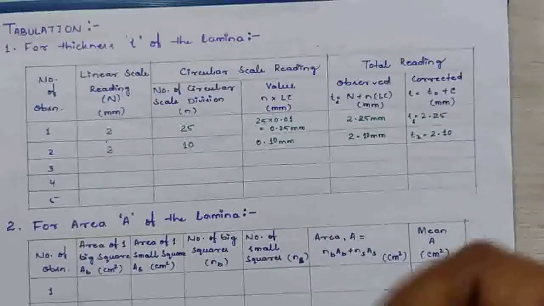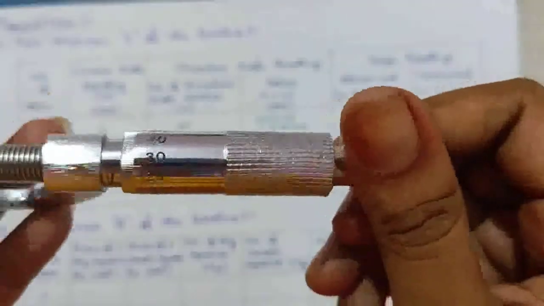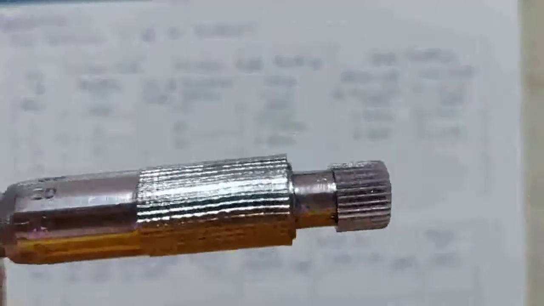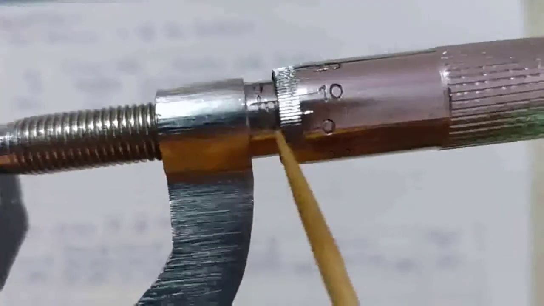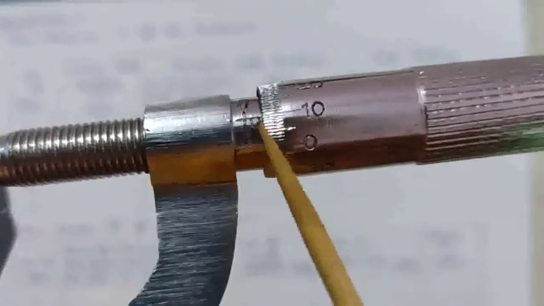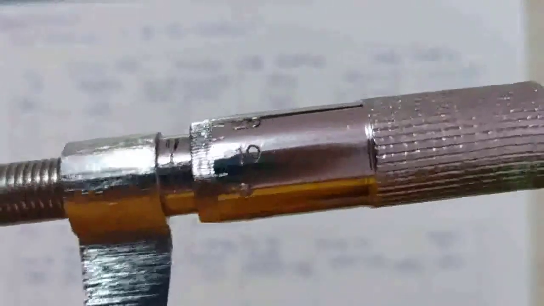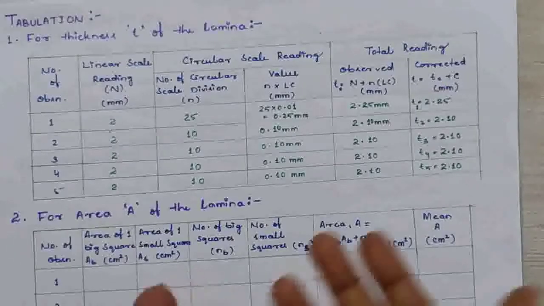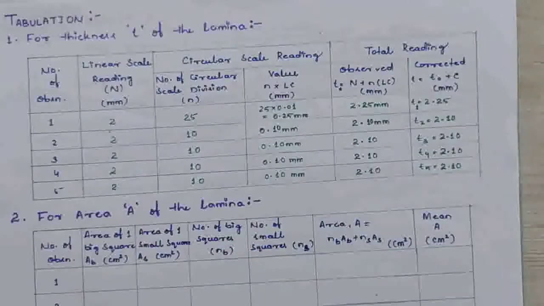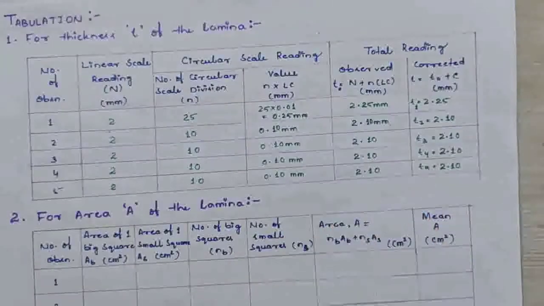We will take one more observation here. I am just trying to put the lamina in between the studs. It is fixed now. Let's see. Yes, it is again 2 division and the circular scale division is again equal to 10. Okay, so let us write it. So now I have just taken the rest of the observations, and it was coming all the same.